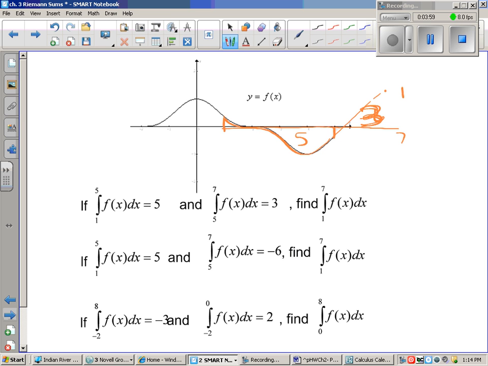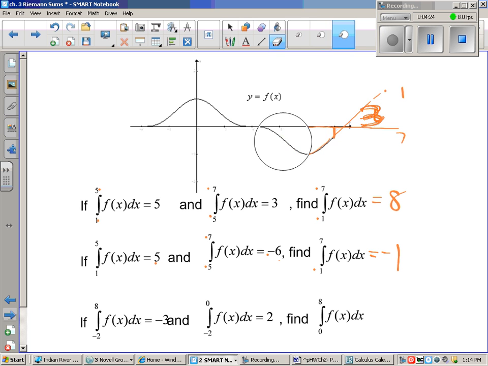Find from 1 to 7. So in the same way, if we know from 1 to 5 and then 5 to 7, and I want 1 to 7, we can just add those together, right? If 1 to 5 is 5 and 5 to 7 is negative 6, then from 1 to 7, all we'd have to do is combine the two together to get negative 1.